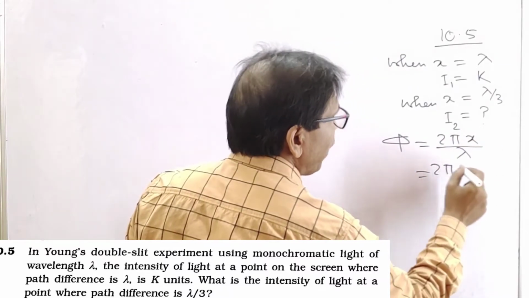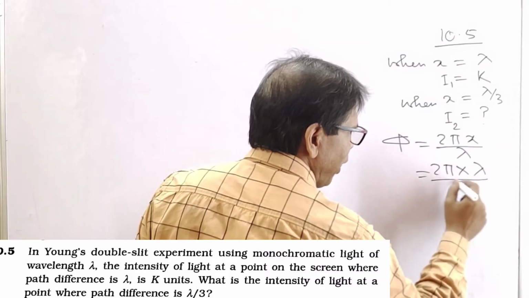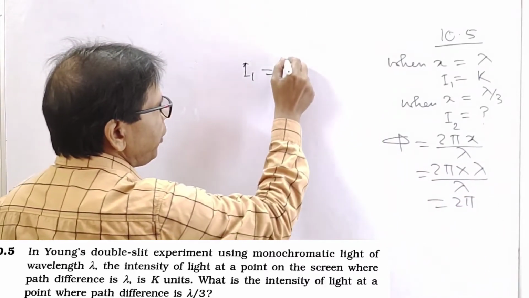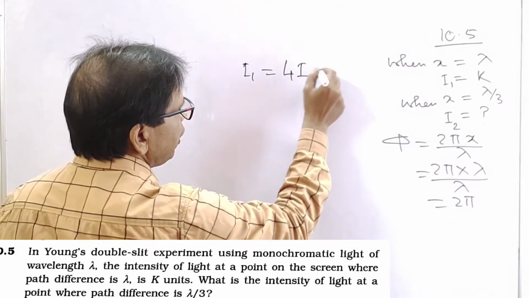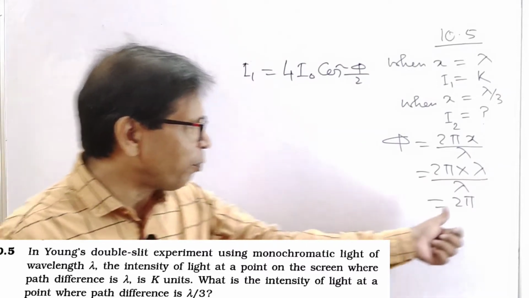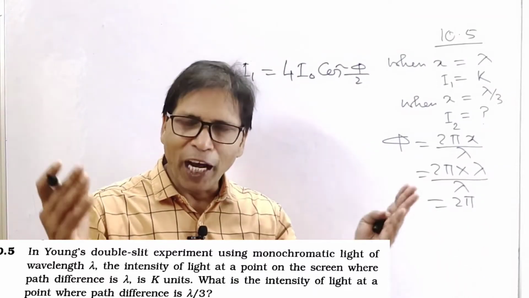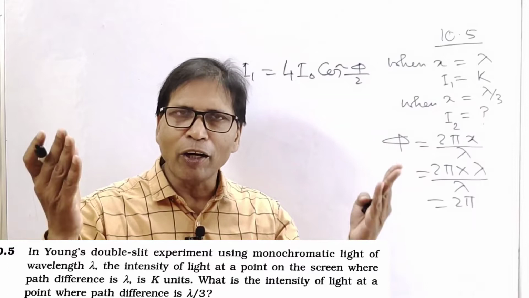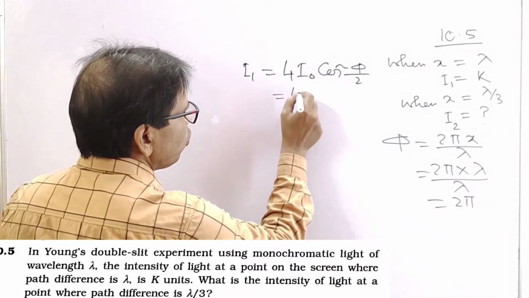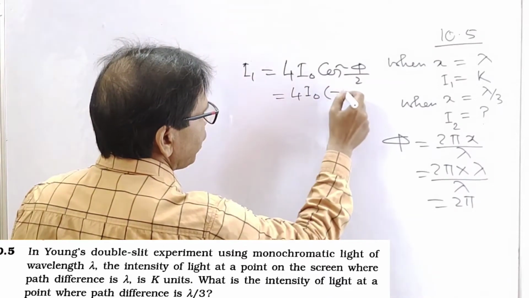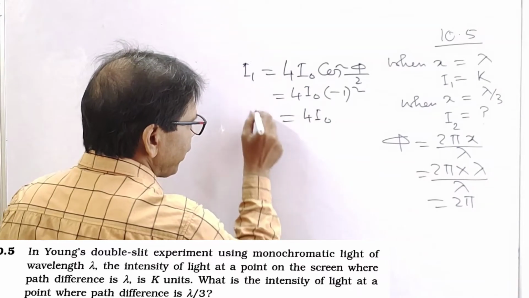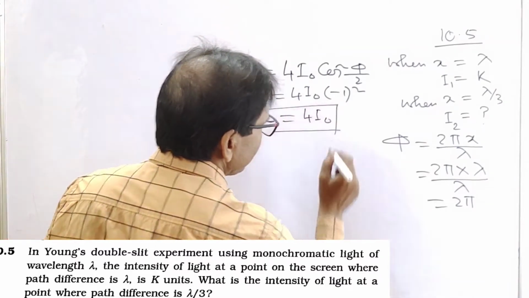What is x? x is lambda, so phi is 2 pi. Now intensity at any point is 4 I naught cos square phi by 2. Here phi equals 2 pi, so phi by 2 is pi. Cos pi equals minus 1, and minus 1 whole square is 1, so this equals 4 I naught. Therefore here k equals 4 I naught.